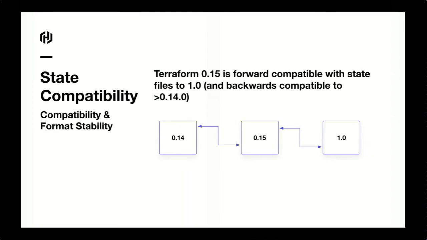And what that really means for you, the practitioner, or organizations that are dependent on Terraform is that Terraform state file is forwards compatible from 0.14 all the way to 1.0. We can't guarantee that it'll be compatible beyond that because new features may require state file changes, but for these three releases, 0.15, 0.14, and moving forward to a future release, you can interchange state files without worry.